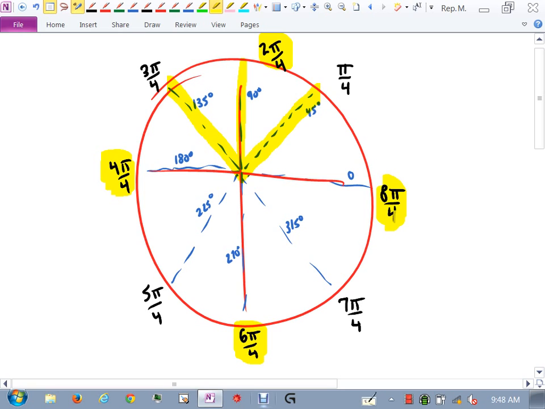Because it's not about memorizing the circle as much as it's about understanding it and being able to construct it. During a test, you'll always be able to reference the unit circle. But you don't want to get into a habit of always breaking that out. You want to have some knowledge of where it comes from. We good? All we've done is create the angles. That's all we've done so far. Those are the common angles on the unit circle.